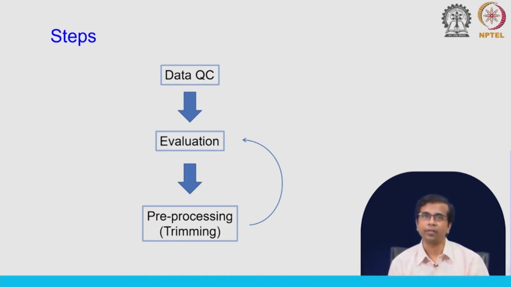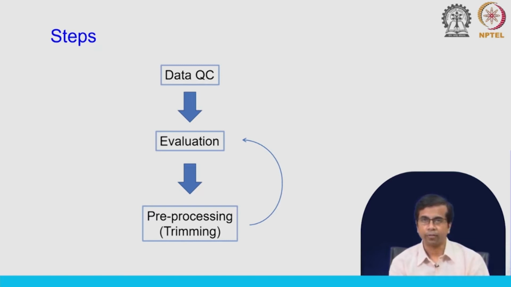We have to run QC and do the evaluation, and if something is still not okay, we have to do pre-processing again. So, this is an iterative step. We do the quality control, the evaluation, the pre-processing, and again the quality evaluation. We will actually do this cycle today with the data set that we saw in the last class.